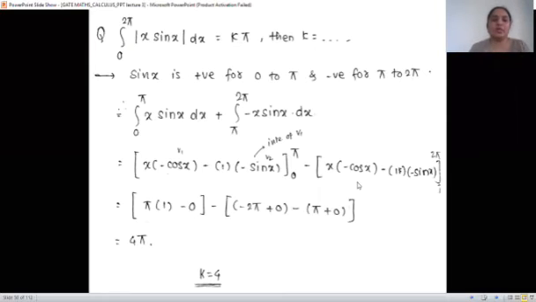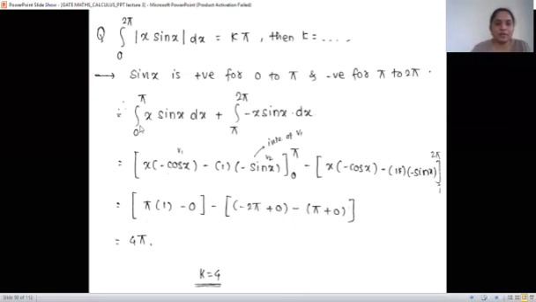So we'll separate this as integration 0 to pi and pi to 2 pi. In 0 to pi, as sin x is positive and x also has no problem, all values are positive, so mod of x sin x will be x sin x. And in pi to 2 pi, the value of the function is negative, so it is minus x sin x.